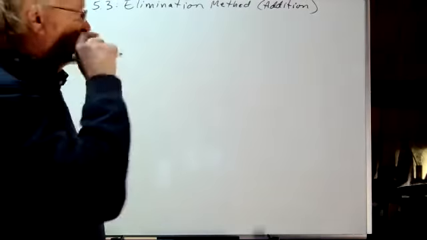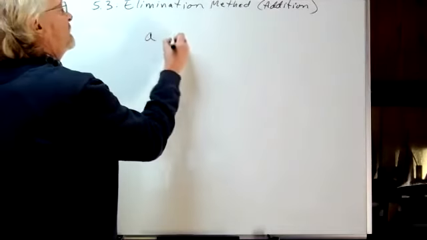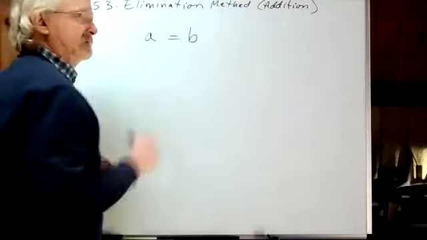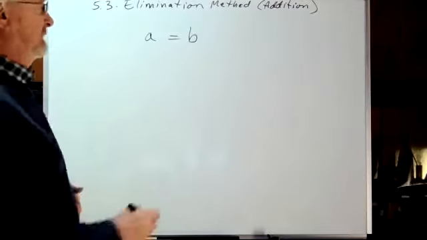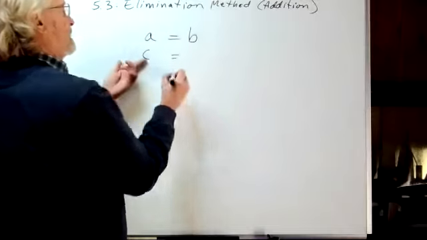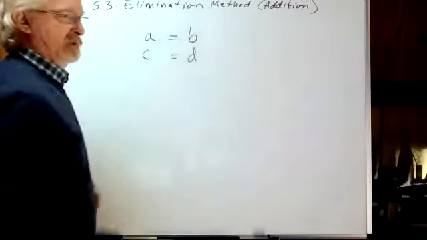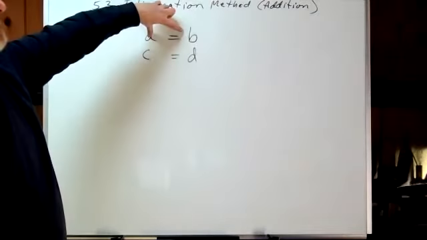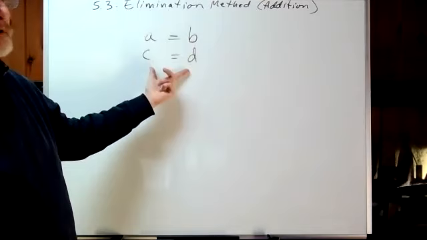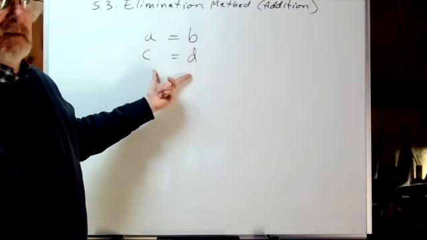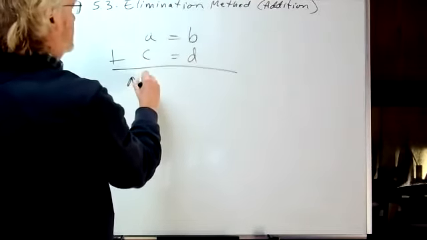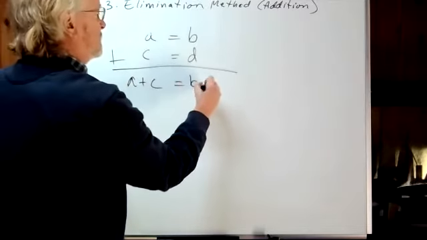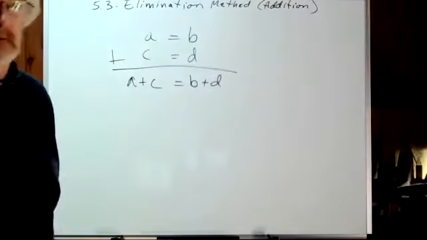So sort of abstractly saying, let's say I have an equation where this expression equals that expression. And I've got another equation that says this expression equals that expression. Well, if those two things are equal to each other, and those two things are equal to each other, if I just add, I still have an equivalency.